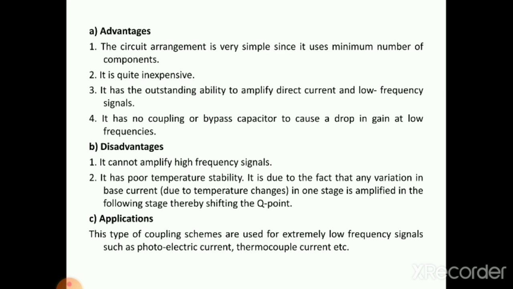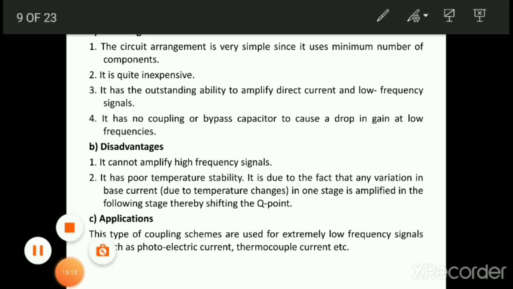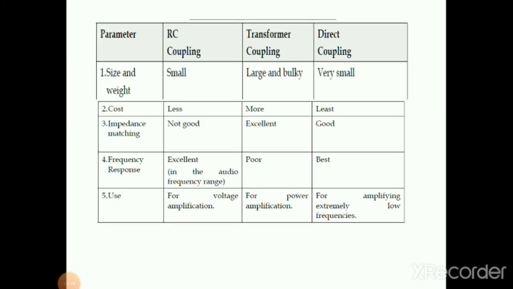Applications: low frequency signals such as electric current, thermocouple current. And we have seen the different types of couplings and comparison of those coupled amplifiers: size and weight, cost, impedance matching, frequency response and particular use.